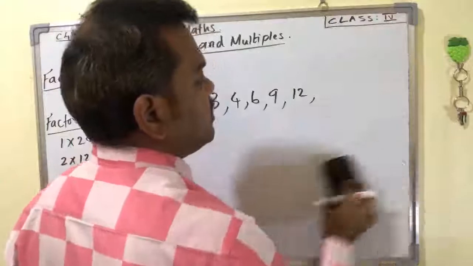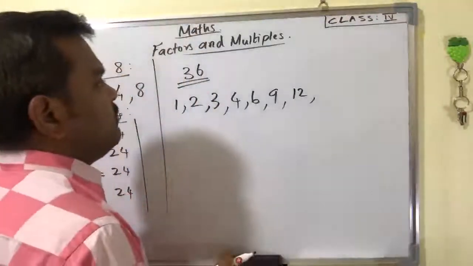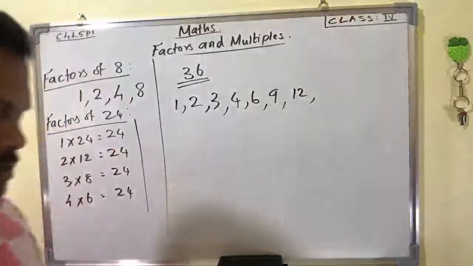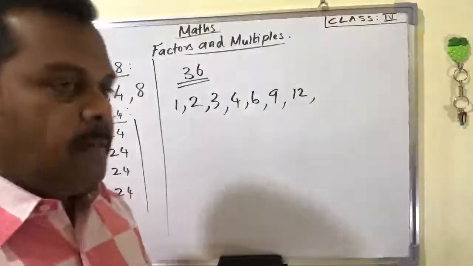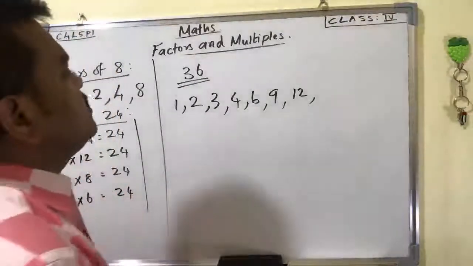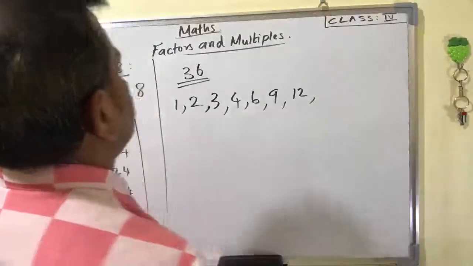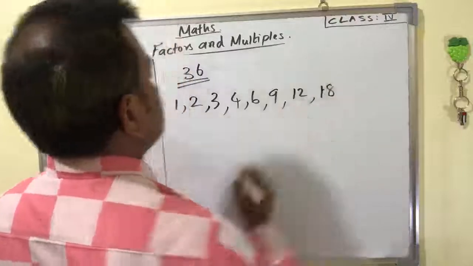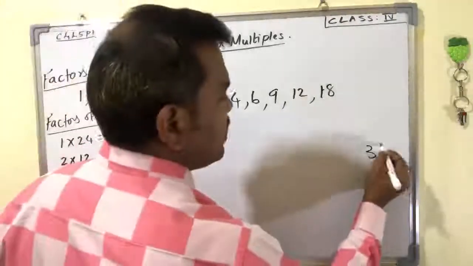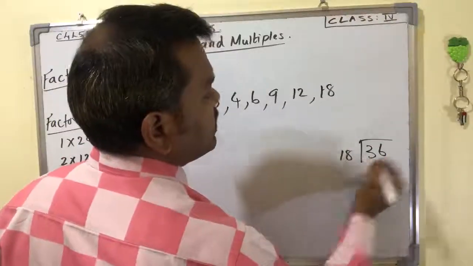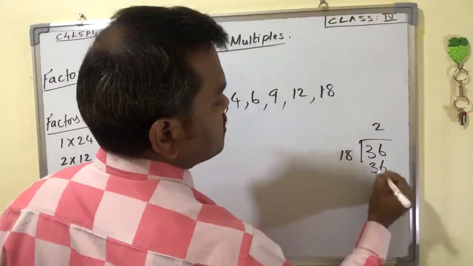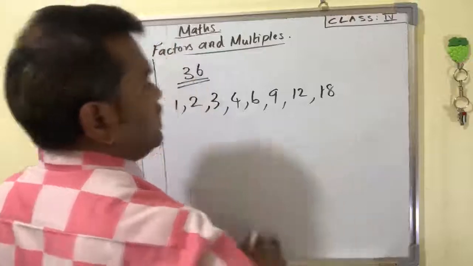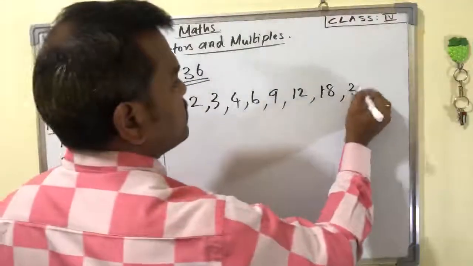Then 13 will not come, 14 will not come, 15 also will not come, 16, 17, 18, yeah, 18 will come. 18 is a factor of 36. 1 18 is 18, 2 18s are 36. After 18, which is half of 36, comes the number itself.